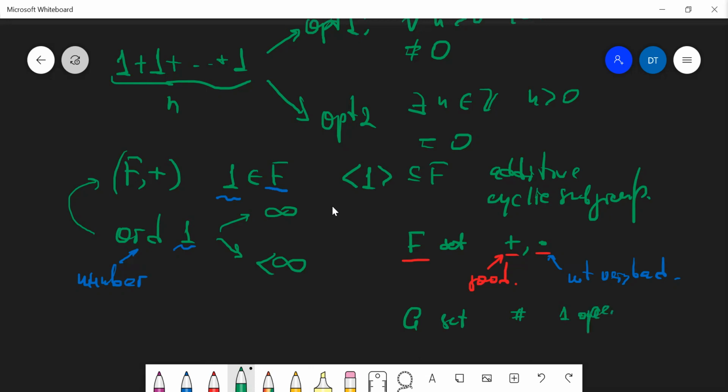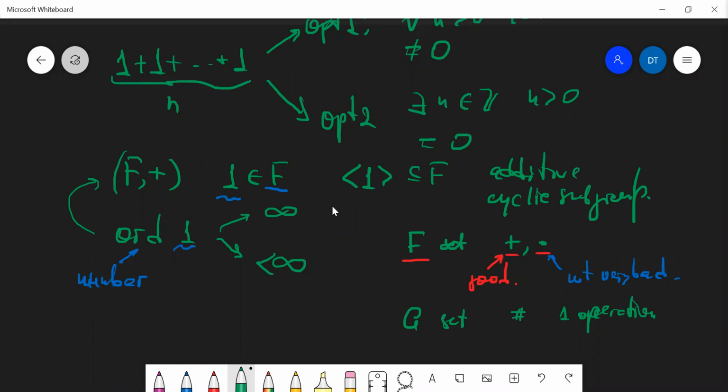Wait, okay, how is a field different from a ring then? Okay, a field is a special case of a ring with additional properties. So in a field, your multiplication must be the best possible, in the sense that it must be commutative and every non-zero element is invertible.